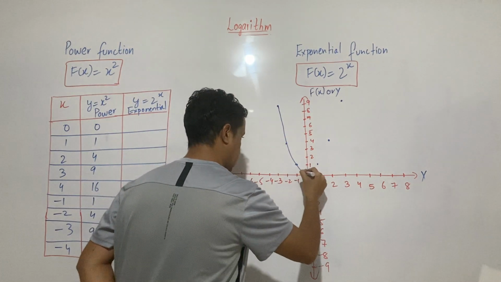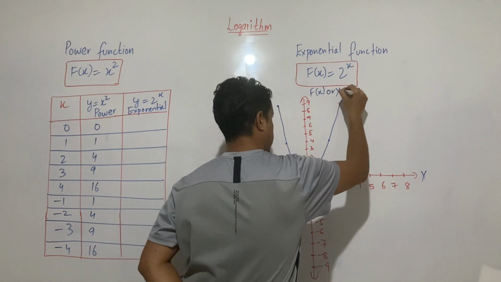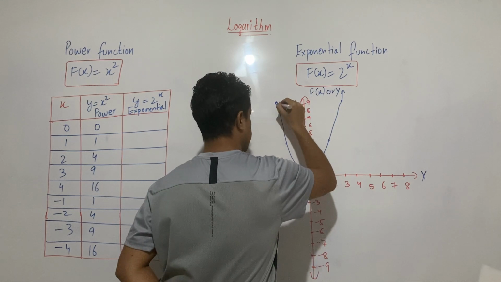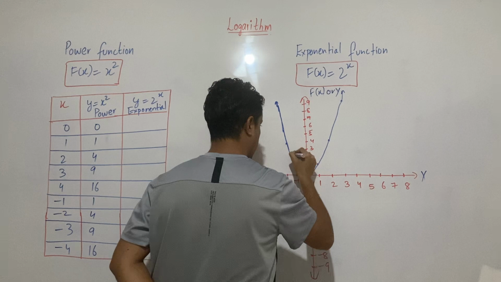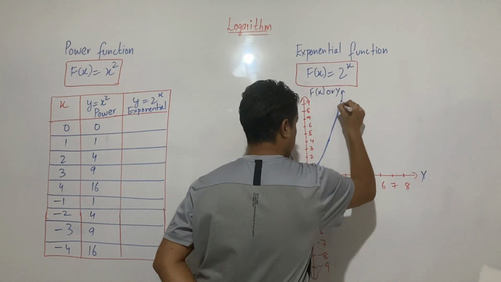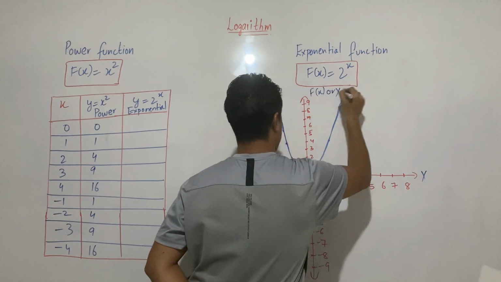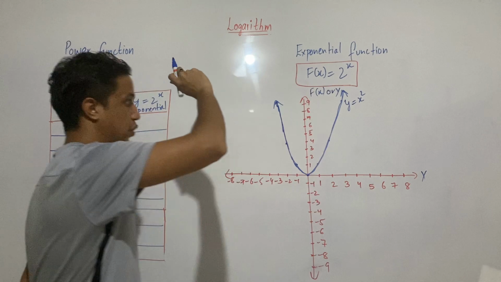It's going to be like this. It's an upward parabola, y equals x squared.